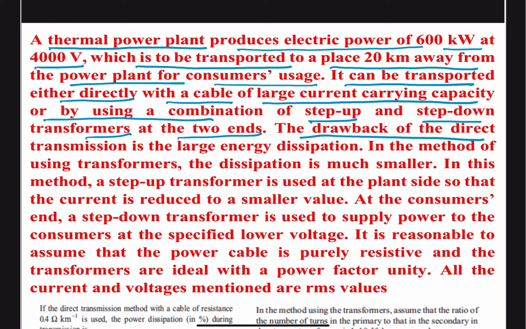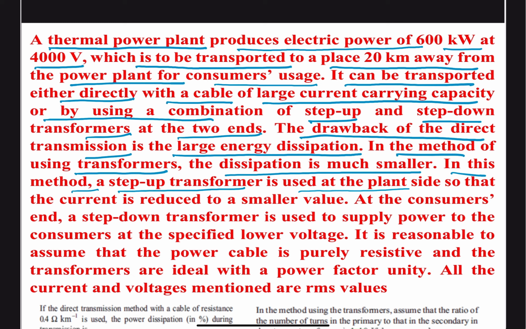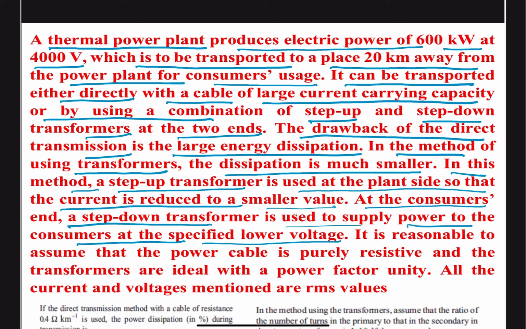The drawback of the direct transmission is the large energy dissipation. In the method of using transformers, the dissipation is much smaller. In this method, a step up transformer is used at the plant side so that the current is reduced to a smaller value, and at the consumer side a step down transformer is used to supply power to the consumer at the specific lower voltage.